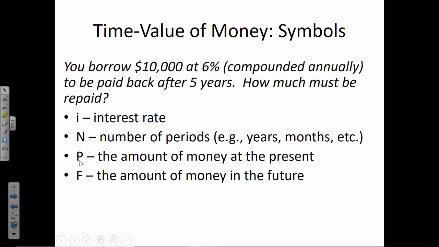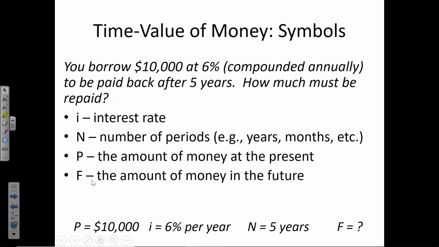P means the amount at time 0, and we call that the present, even if it's some future date. It's kind of like the beginning of the project is what's the present from that perspective. F is the amount of money in the future. So in that previous example, P was 10,000, I was 6%, N was 5 years, and F was the unknown.